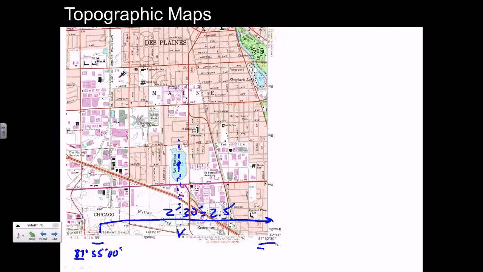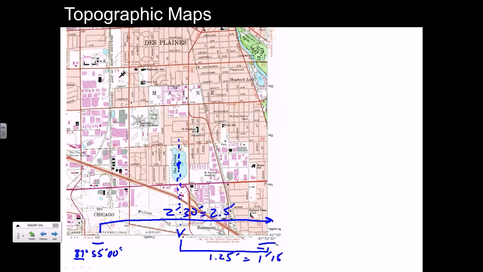I'm halfway, so that means this distance here that I'm going to add to this value, 87 degrees, 52 minutes and 30 seconds, is going to be half of 2.5, and that's going to be 1.25 minutes, which is also equal to 1 minute and what's a quarter of an hour, or a quarter of 60?